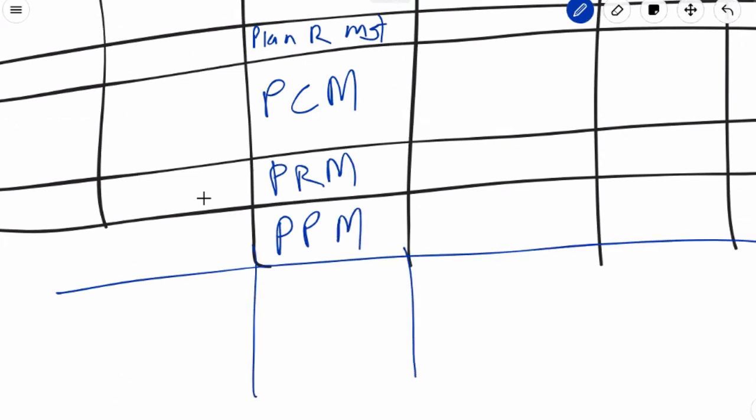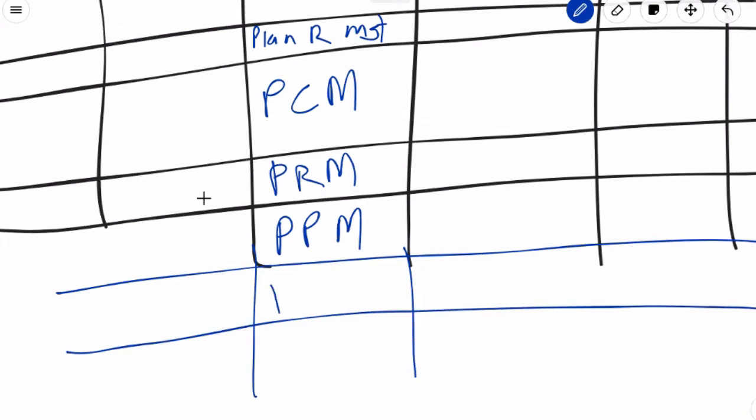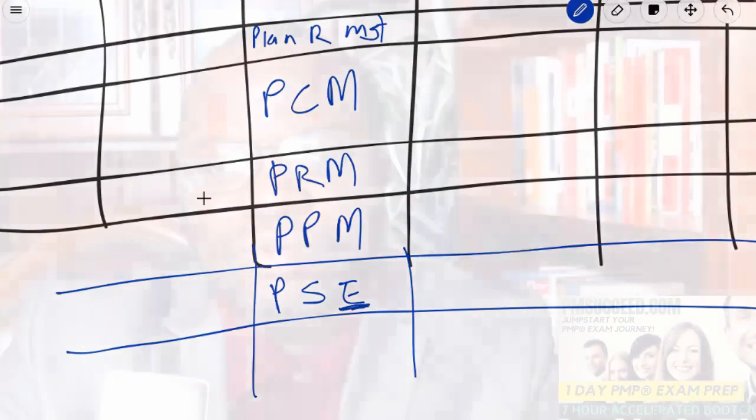We have one exception here, plan stakeholder engagement. The E is important because in the philosophies of the PMI, you do not manage these folks. You manage the engagement, but you don't manage them. So it's called plan stakeholder engagement. Plan how you're going to keep them engaged versus plan how to manage them. That is a change that was introduced in the 6th edition.